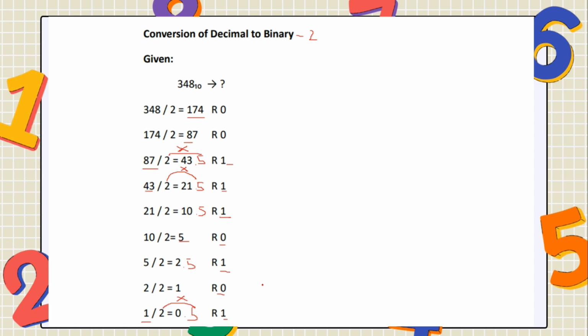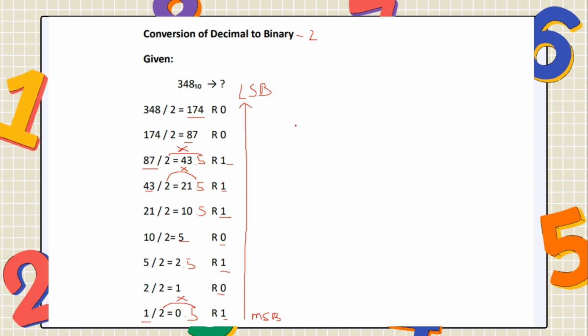So, sa rules diri sa successive division method, i-read nimo siya from down to up. Mao ni siya ang least significant bit and mao ni ang most significant bit.